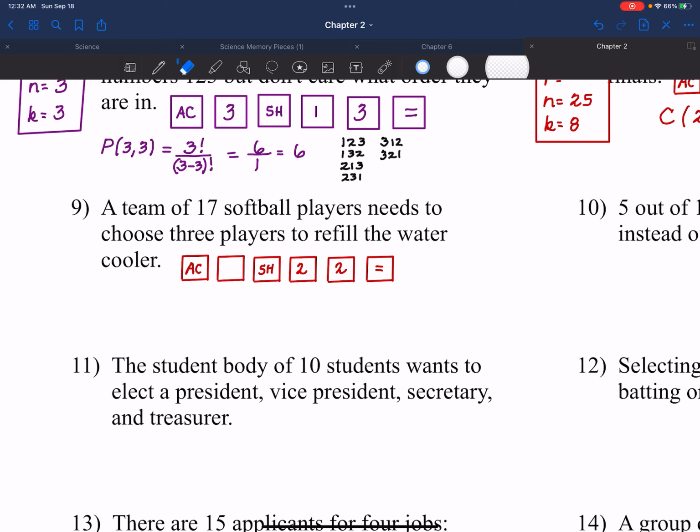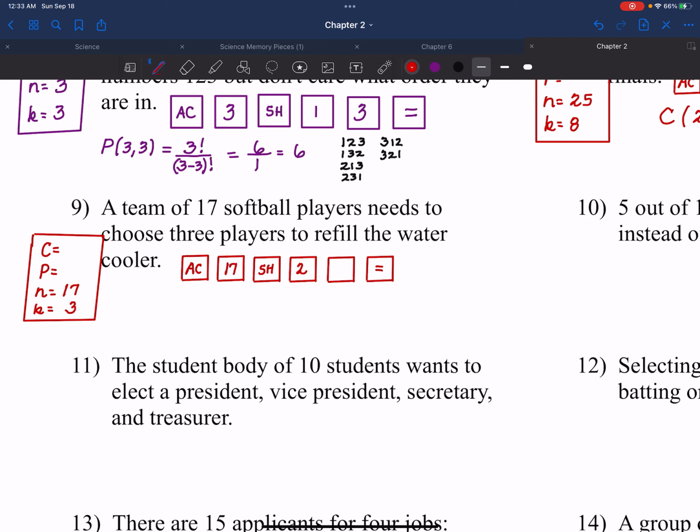There's no advantage to being the first player over being the third player. Everybody's treated equally here. So let's do our variable setup where we have C, P, N, and K. So 17 is the number of players, and there are going to be 3 chosen to do the water refills.